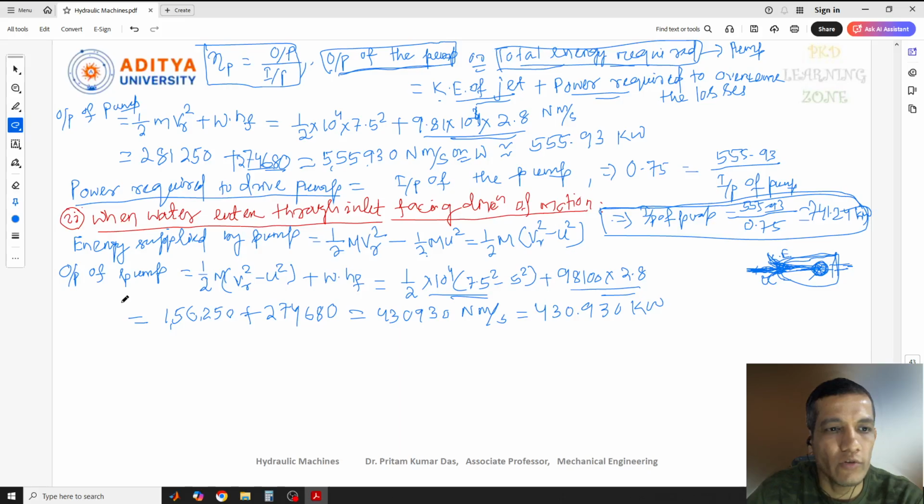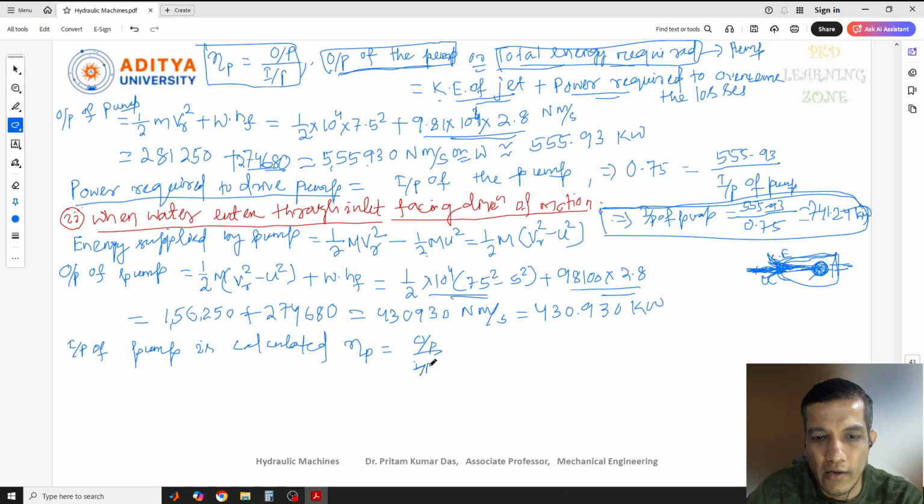Now again we need to find out the power required for this. The same conditions will apply here, like the input required. So let me write, input of pump is calculated from the same thing: efficiency equals output by input.